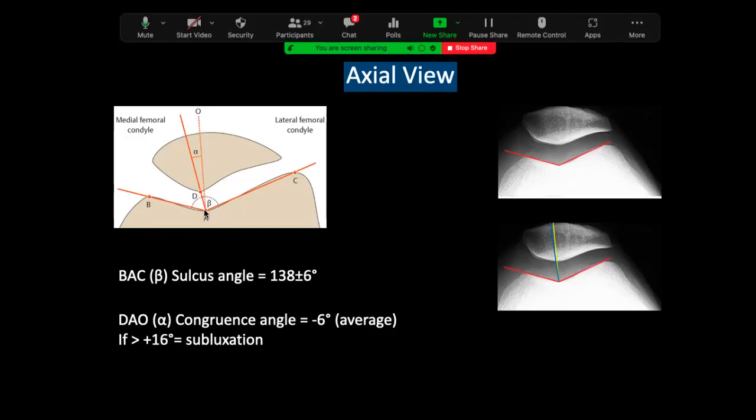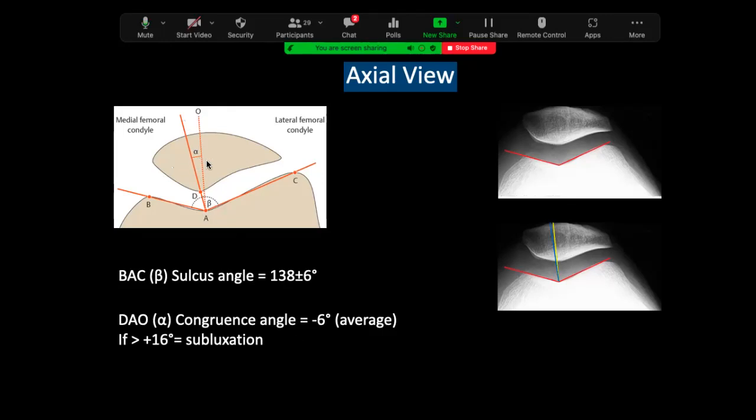This line bisects the sulcus angle, and another reference line is from this point A, the trough of the trochlea, to the prominent medial edge of the patella, and this line is drawn. If this angle is toward the medial side, then it is negative. If it is toward the lateral side, it is positive. And the average value is minus 6 degrees.